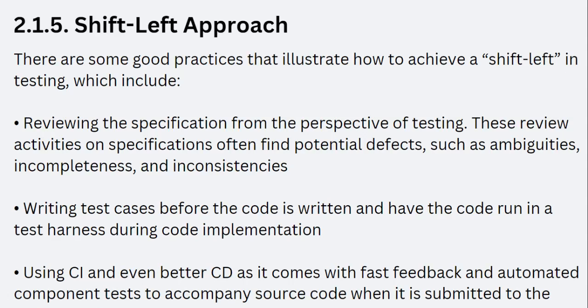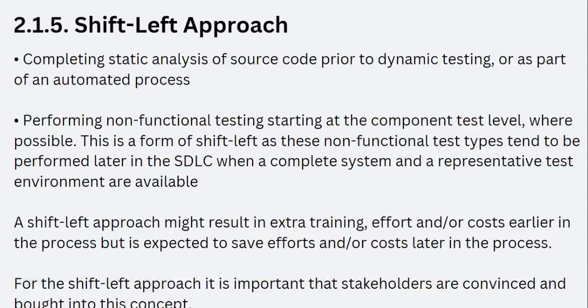Writing test cases before writing the code and running the code in a test harness during implementation. Utilizing continuous integration (CI), and ideally continuous delivery (CD), for swift feedback and automated component tests to accompany code submissions to the repository.